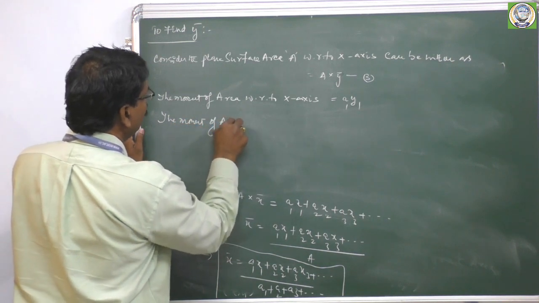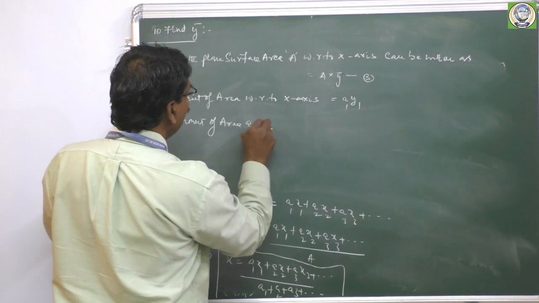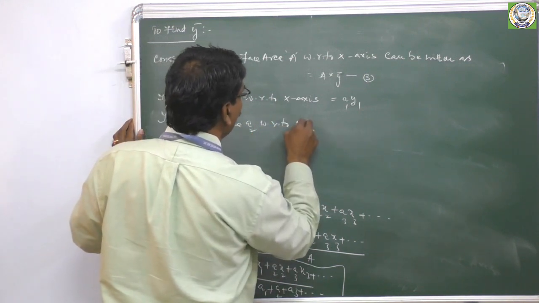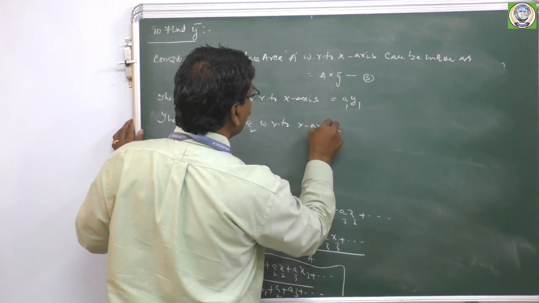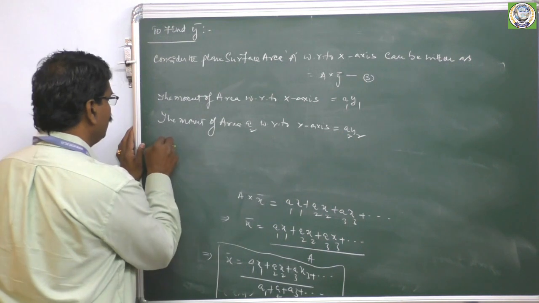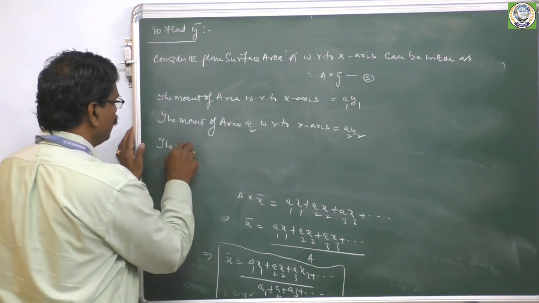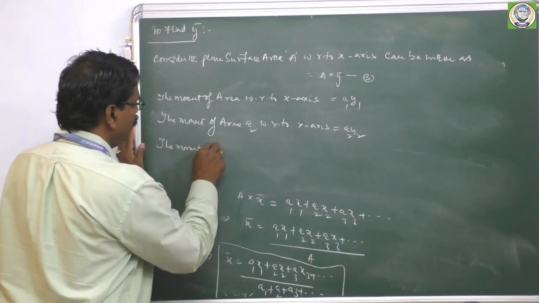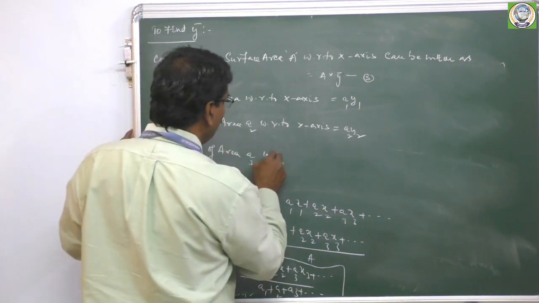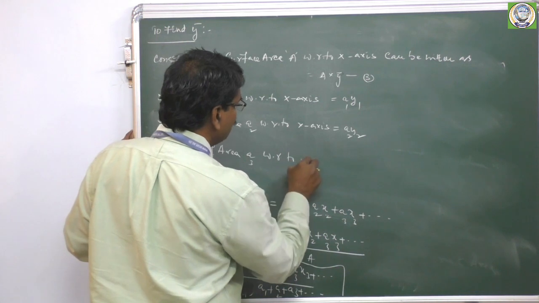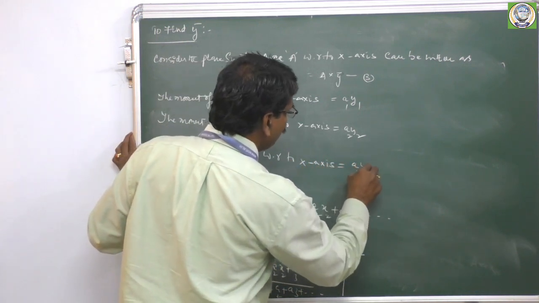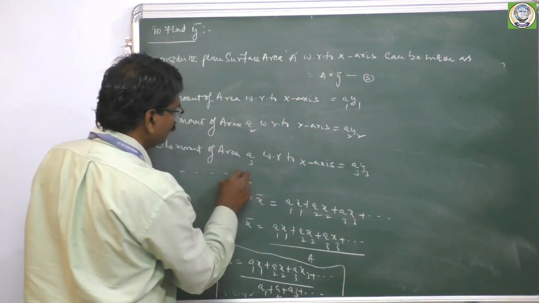The moment of area A2 with respect to x-axis is equal to A2 Y2. The moment of area A3 with respect to x-axis can be written as A3 Y3 and so on.